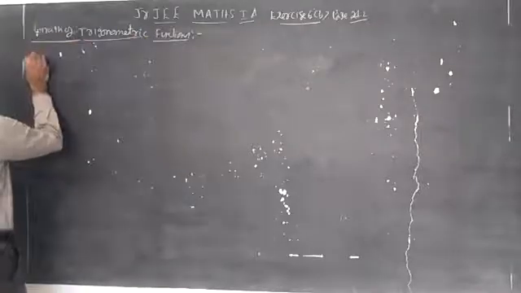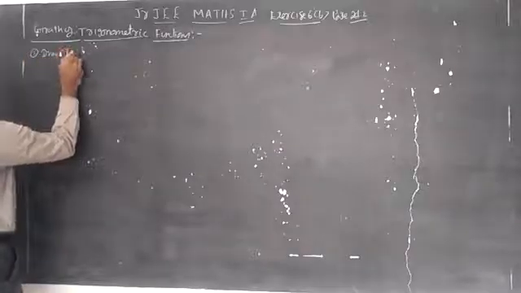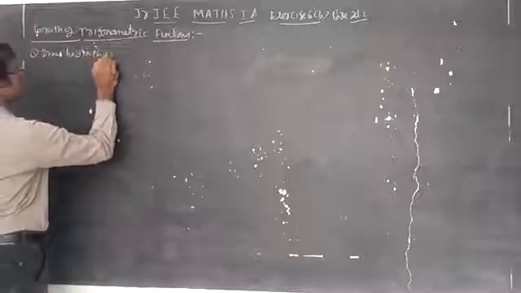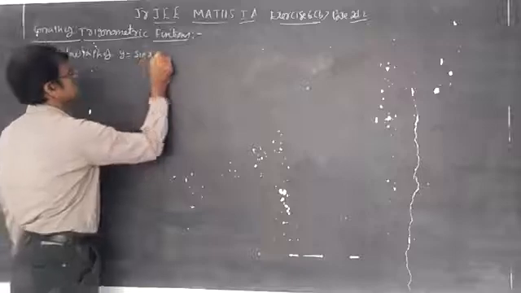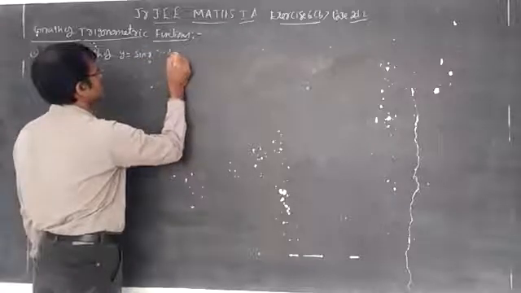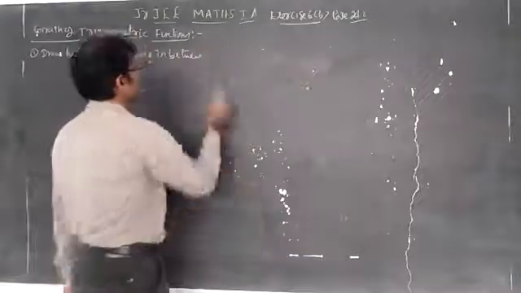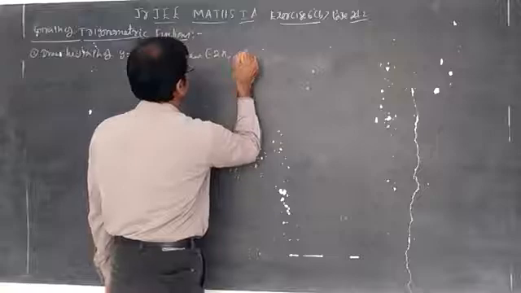First question. Draw the graph of y is equal to sin x in the interval minus 2 pi comma 2 pi.